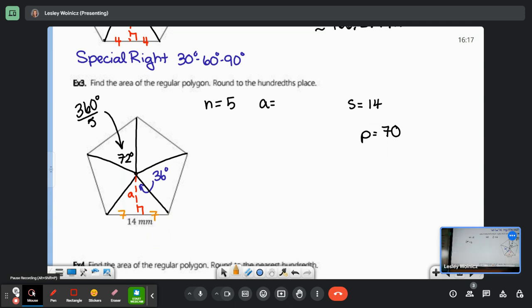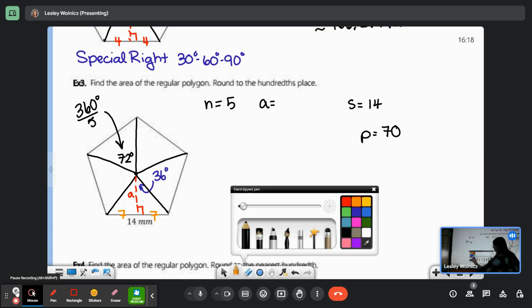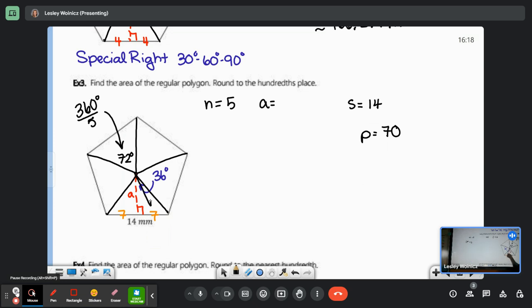Okay, now 36 doesn't give me any special right triangles. However, I can use the opposite and the adjacent and my trig to find the apothem. If I look at my 36-degree angle and I go straight across, the 7 is opposite that angle.